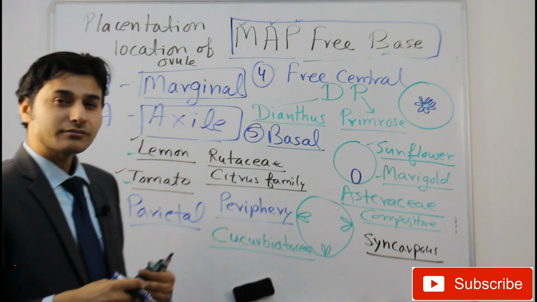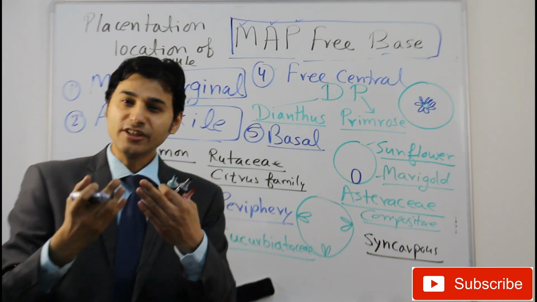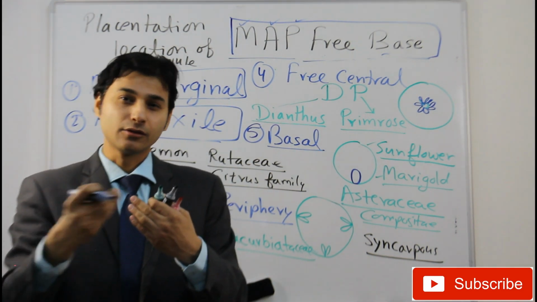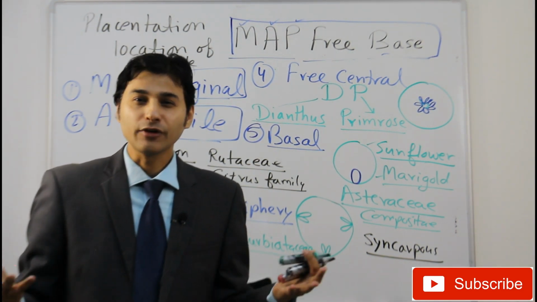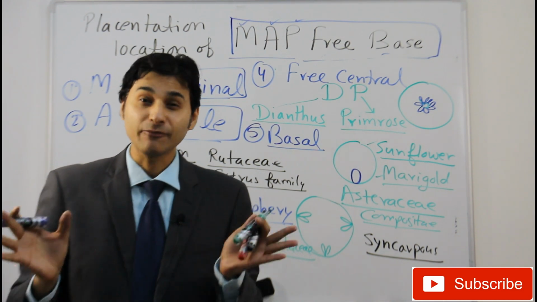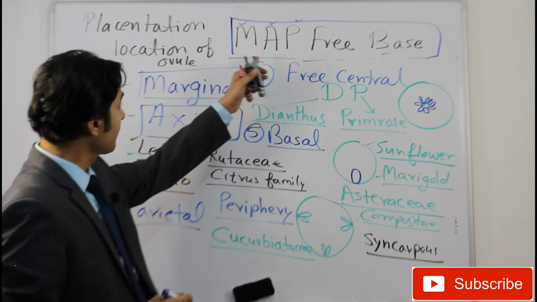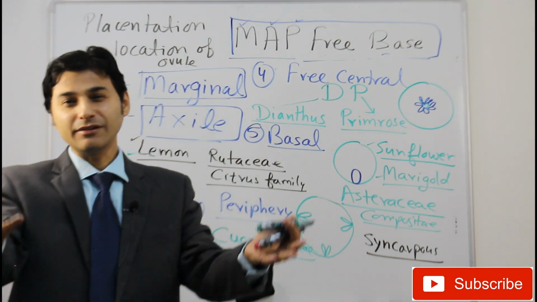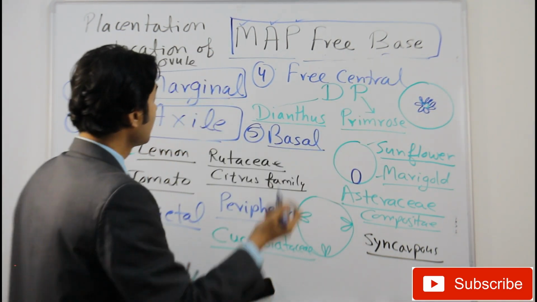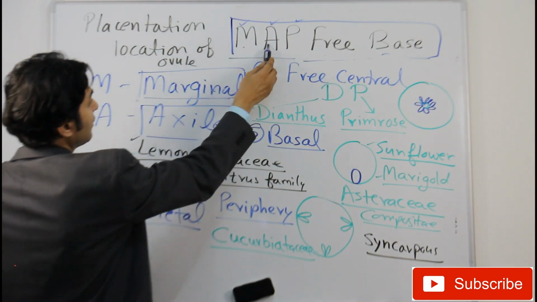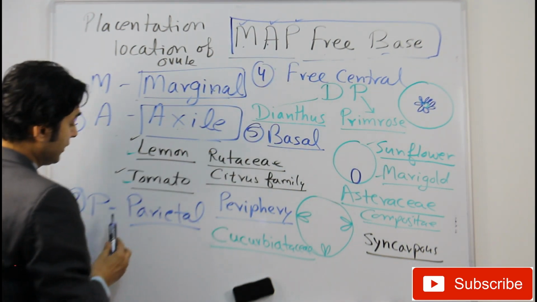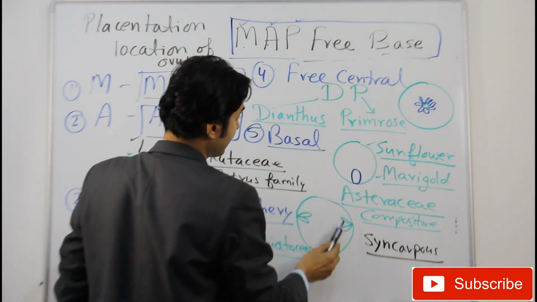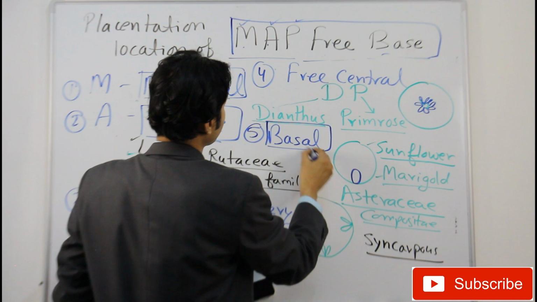Presentation, once again, is a tissue which provides nutrition, and that is a place where the ovule is attached, the location of ovule. How would you find the location of anything? You have to have a map for that. And when you have a map, you are free from mind because you will reach that place. So, M, marginal, A, axial, P, parietal, periphery, free central, base is basal.